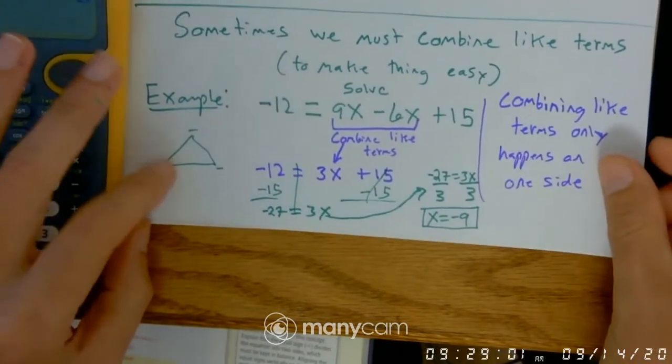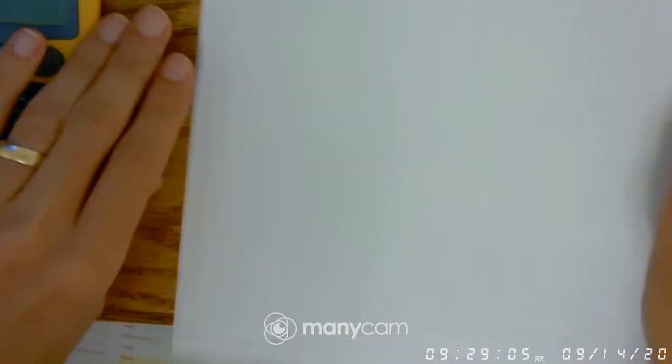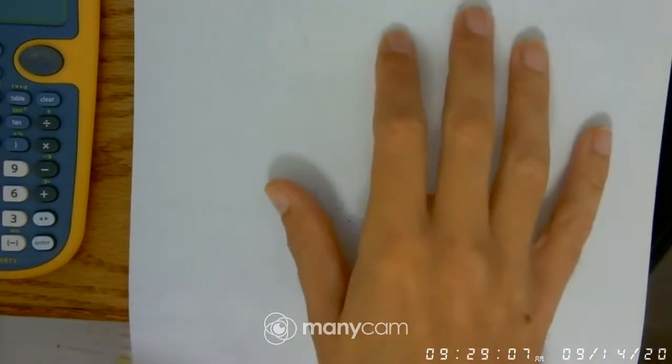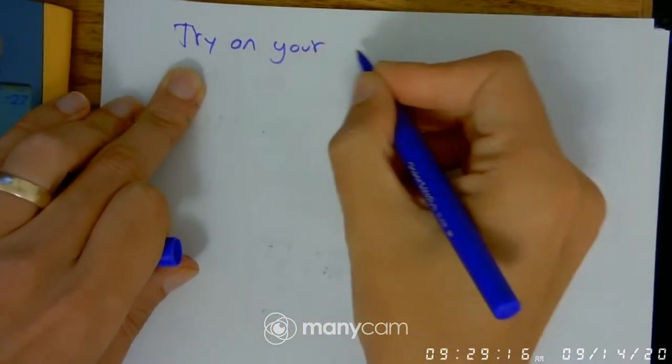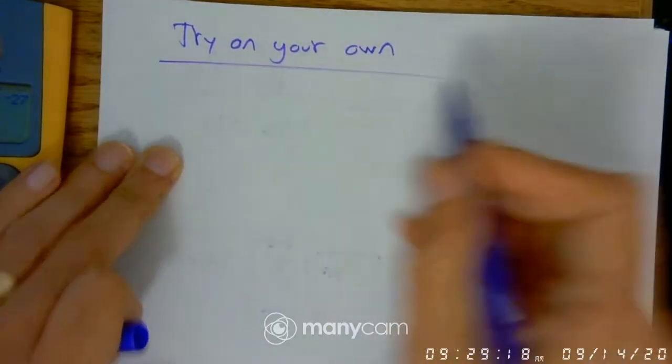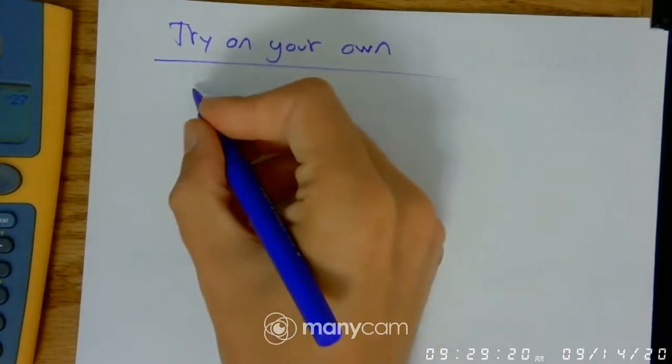Okay. All right. I'm going to have you guys try one of these from scratch. Okay, so let me get this up. All right, try on your own. Let's give this one a try.